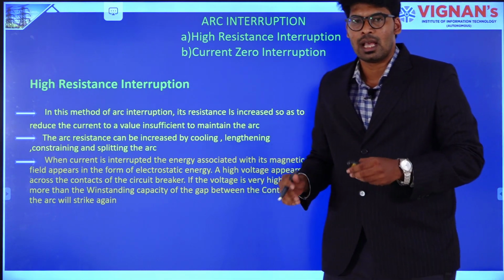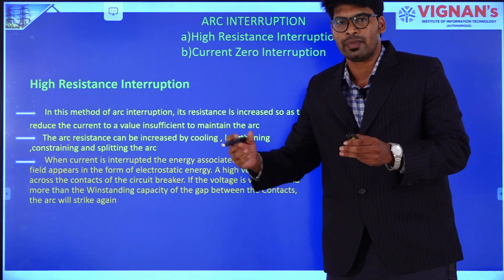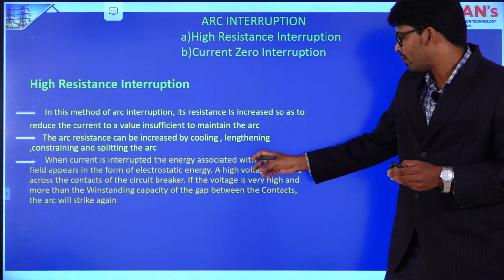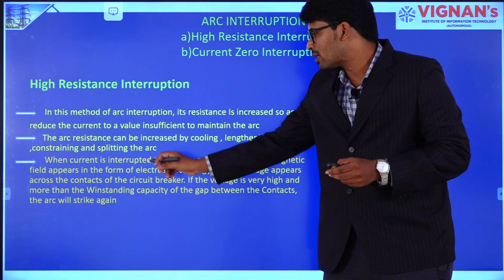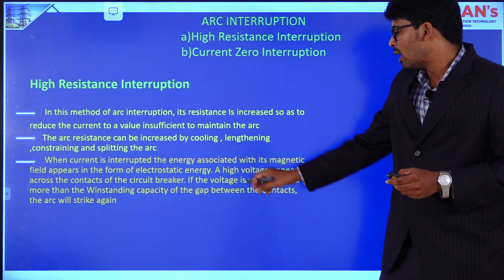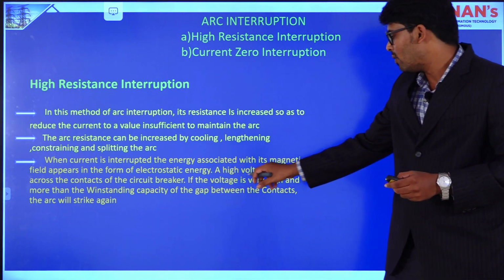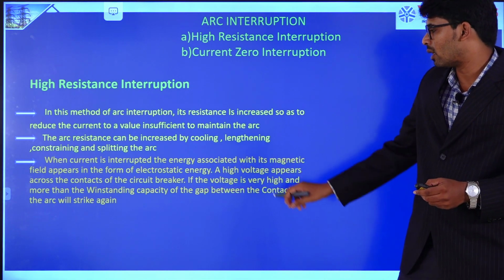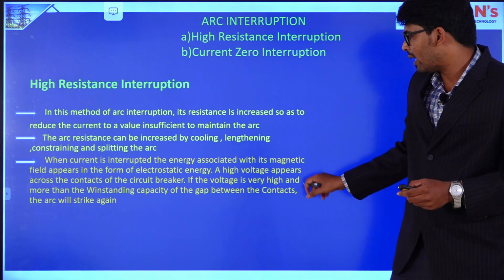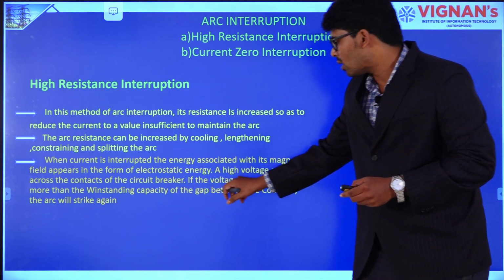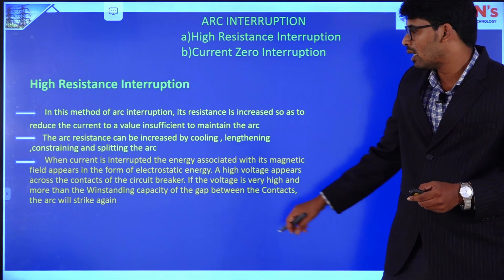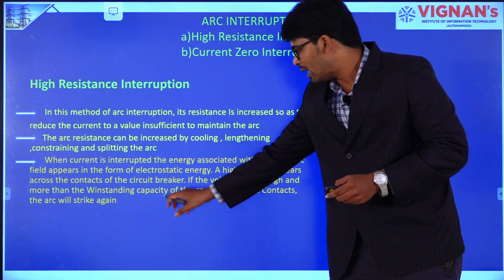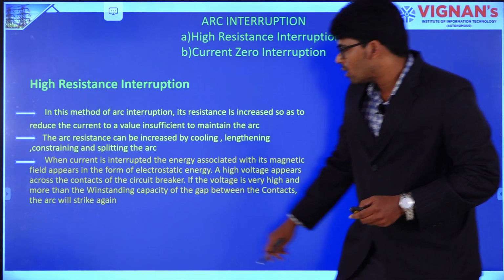In the process of arc interruption, the magnetic field energy appears in the form of electrostatic energy, and this high voltage appears across the contacts of the circuit breaker. If the voltage is higher than the withstanding capacity of the gap between the contacts, the arc will strike again. This is the main disadvantage here.